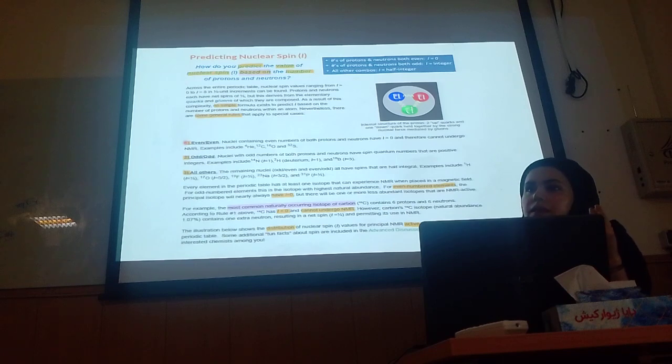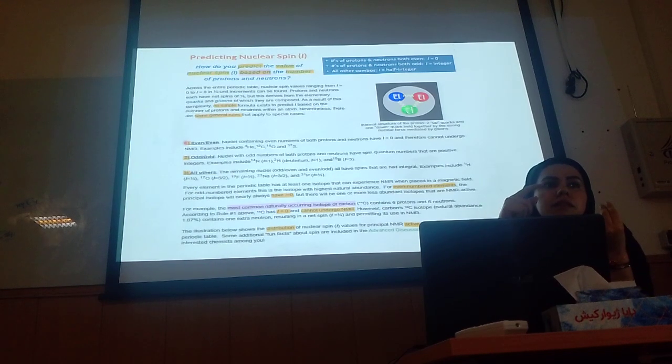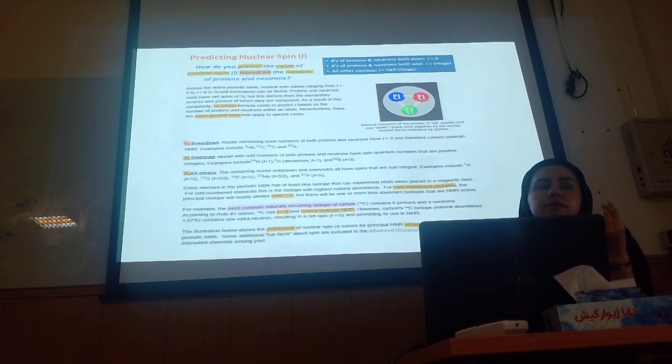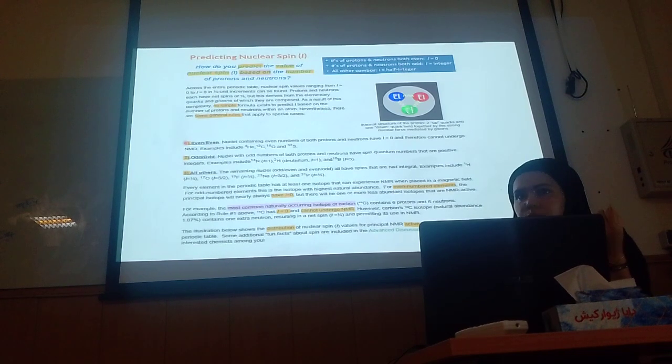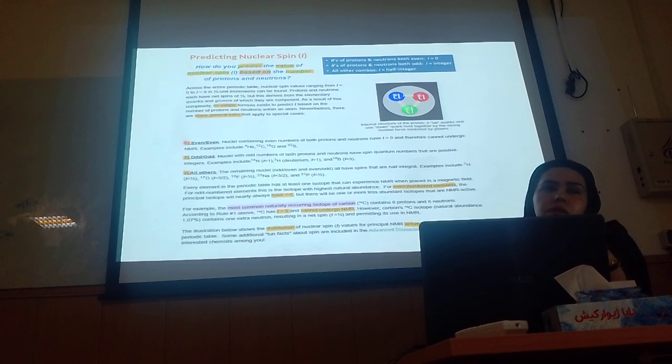A spin describes the rotational behavior of a nucleus around itself. Some nuclei have this property and rotate on their axis, but some nuclei can't behave like this.